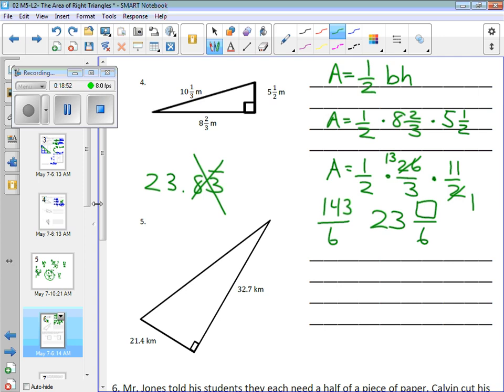It is something with that 6 and 23. Multiply 23 times 6, that gets me 138. Then add the 5 from 143. That's 5 away from 143, so we get 23 and 5/6.